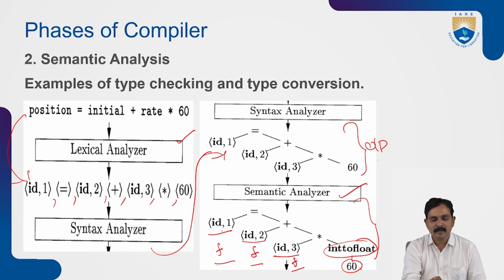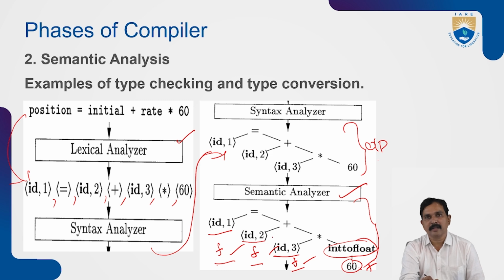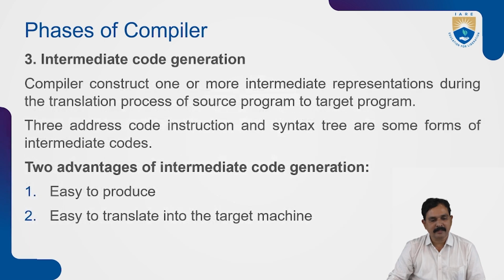Here we assume all three identifiers are float values, and the fourth one must also be float. So how do we resolve this issue? You may use a type conversion, int to float, so the int value is converted to a float value. Now all values are float, and the result is also float. This is the idea of the semantic analyzer.